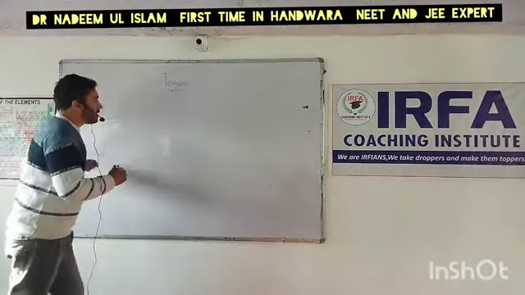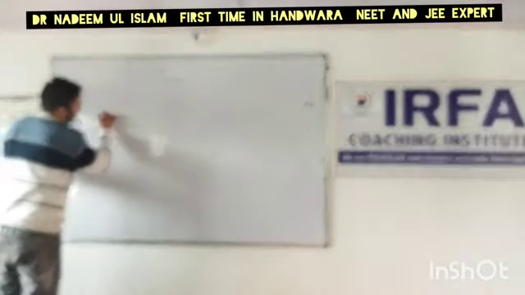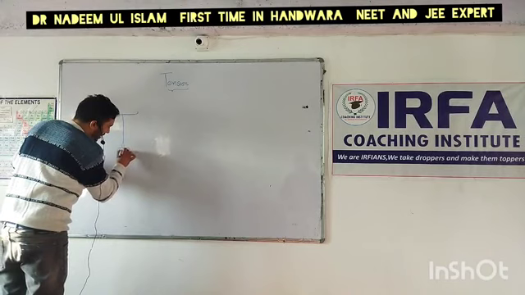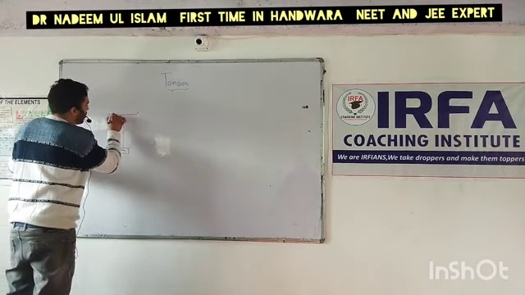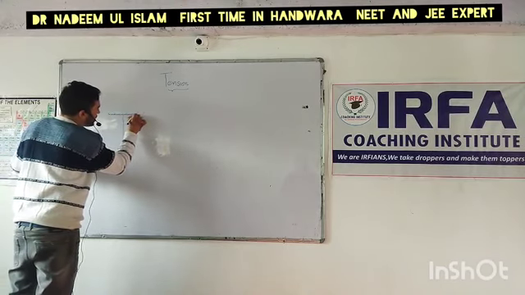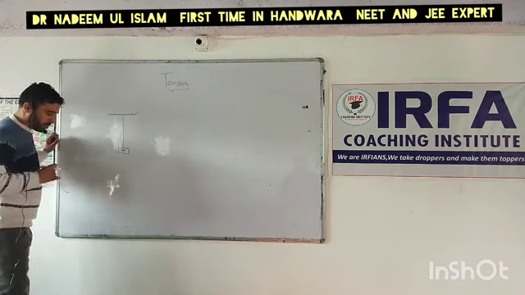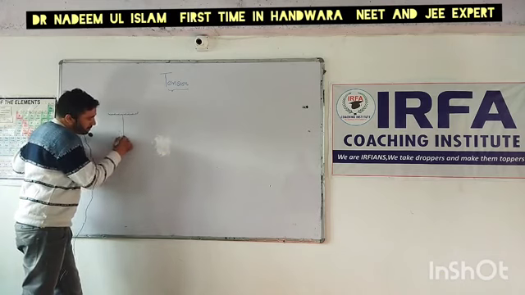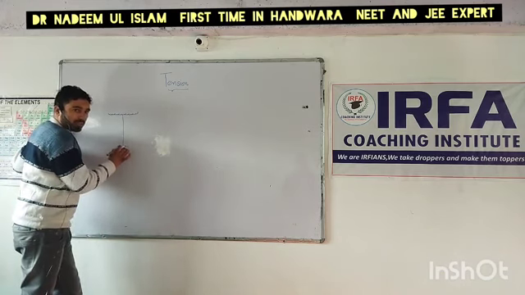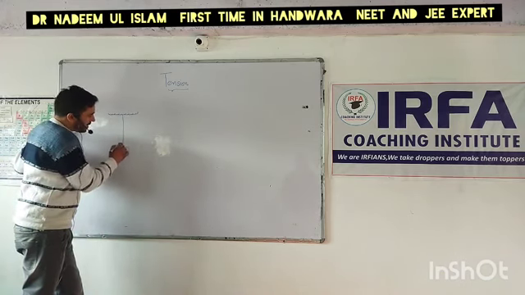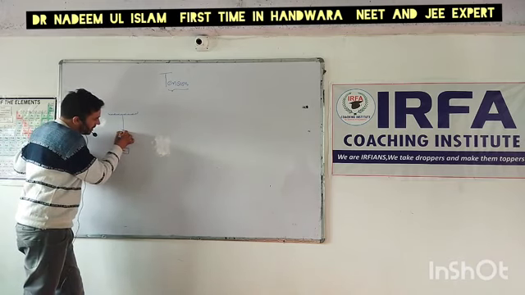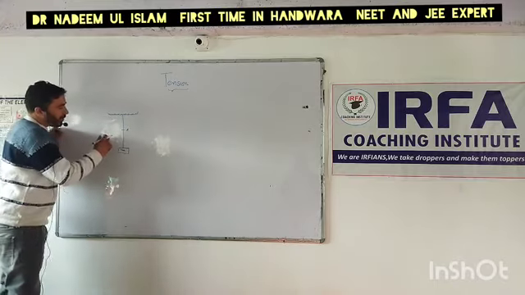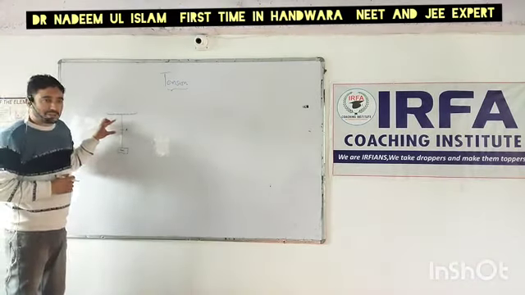For example, let me take a block of mass M, which is hanging from the ceiling through a string which is usually massless. Take a cross section of area A. I'm dividing the string mentally into two parts.